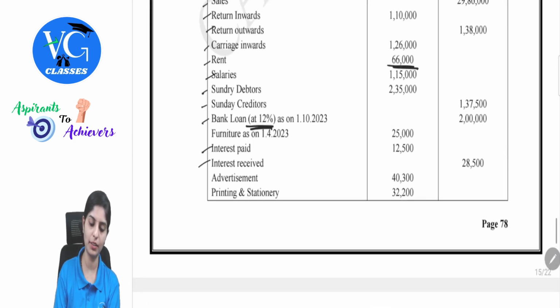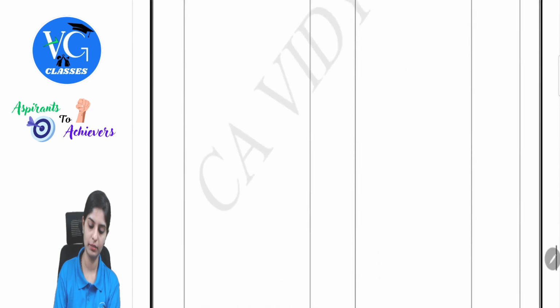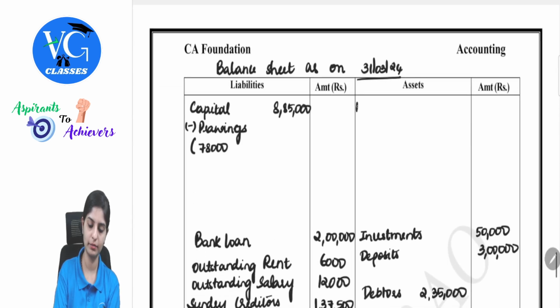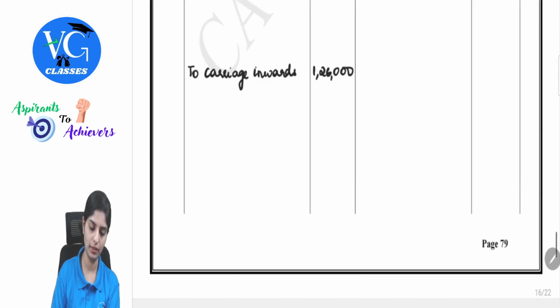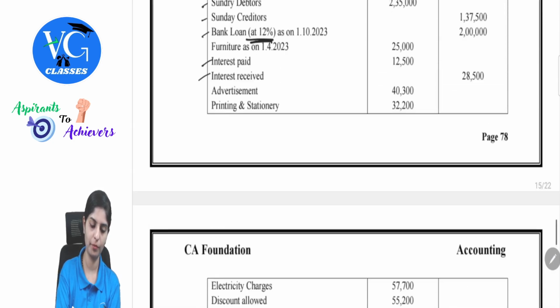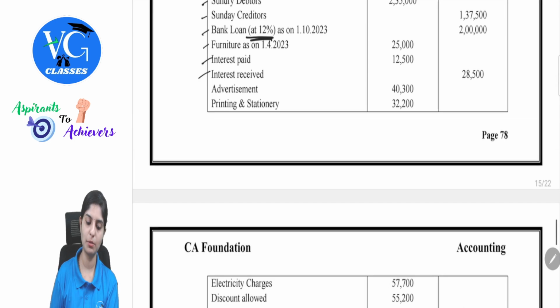Furniture, 25,000. Assets, we will write it in the inner column, 25,000. Advertisement, normal indirect expenses, 40,300.